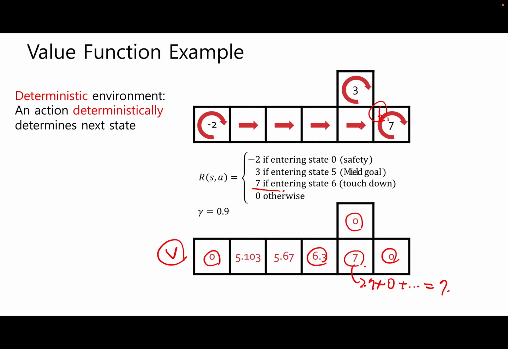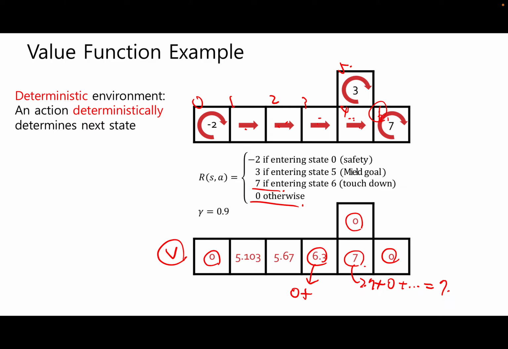And here, all the predefined actions are just going right. So in this case, entering 1, 2, 3, 4, 5, 6. Entering states 4, 3, 2 belongs to the zero-reward class, so we just start with 0 until we reach state 4.